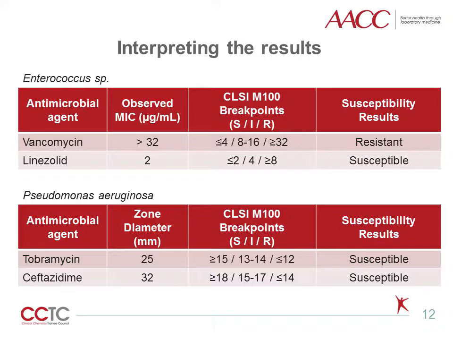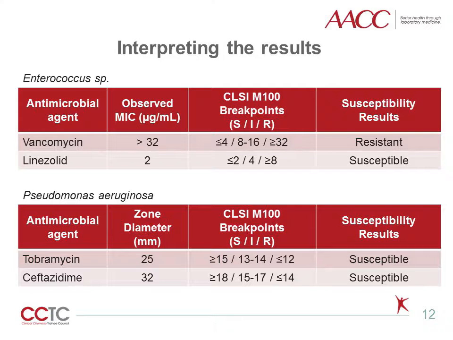The MIC or zone diameter itself is not particularly informative without some interpretation. This is where breakpoints, also referred to as interpretive criteria, come into play. Breakpoints basically categorize an isolate as susceptible, intermediate, or resistant to a particular antimicrobial agent based on the MIC value or disc zone diameter.